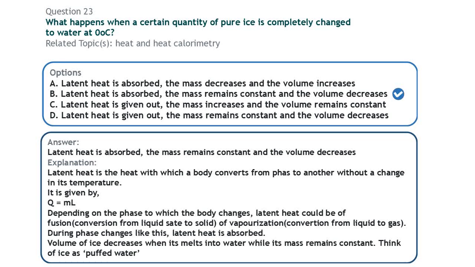The volume is going to decrease. You can think of ice as puffed water, like enlarged or inflated water. So what happens when ice melts is that the size is going to reduce. The volume will reduce, but the mass will remain the same, and latent heat would be absorbed.